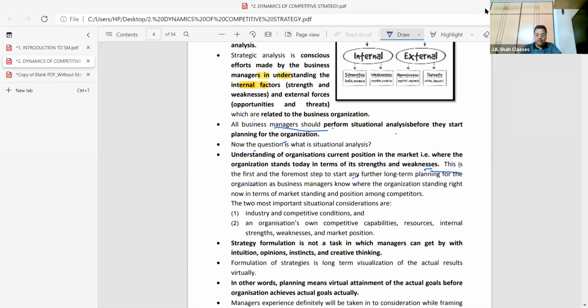The two most important situational considerations are industry and competitive conditions. What it means, I'll share with you. See, beta, whenever you are entering a business, you are supposed to be very clear about your position.